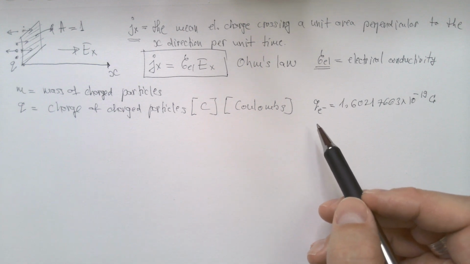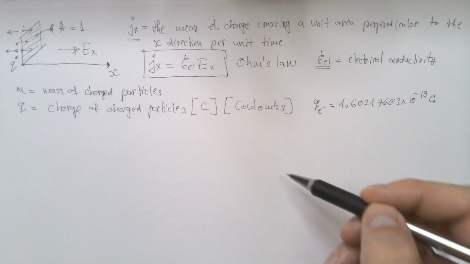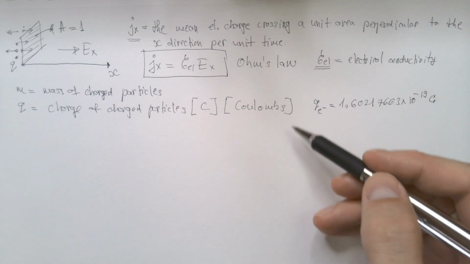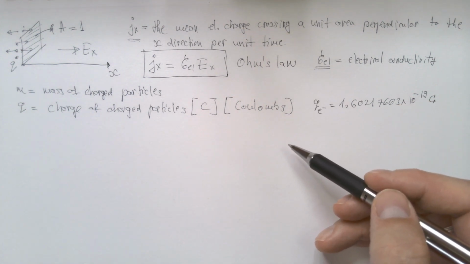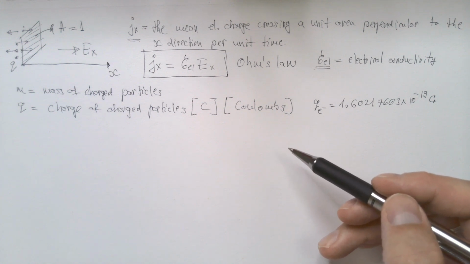How could that happen? Well, if an atom or a molecule gains an electron, let's say, then it gets a net negative charge, or if it loses one or more electrons, then it acquires a net positive charge, and we call these ions.